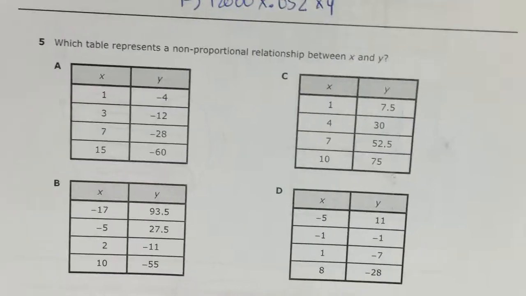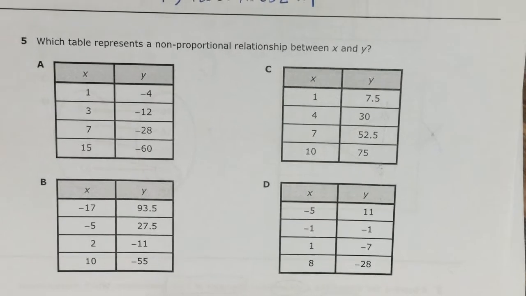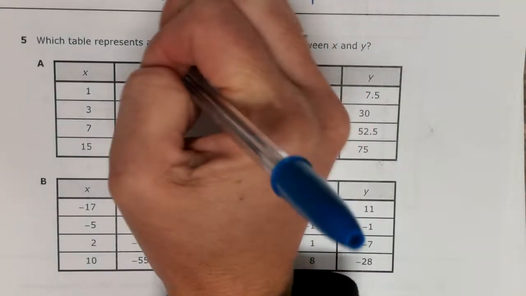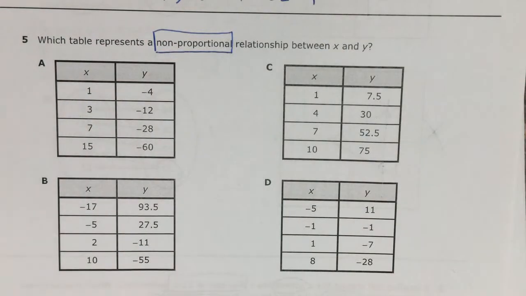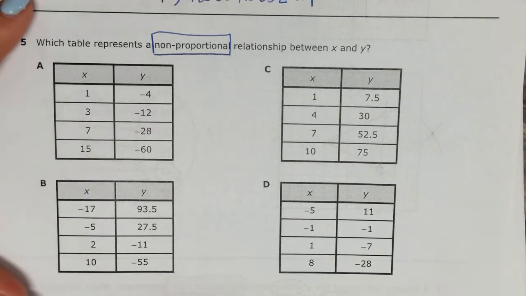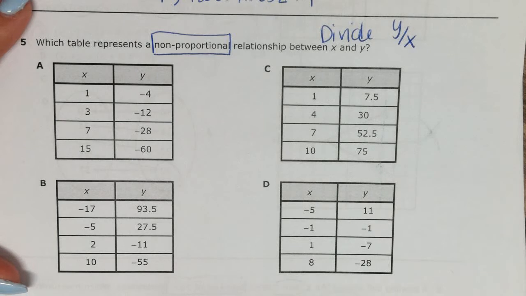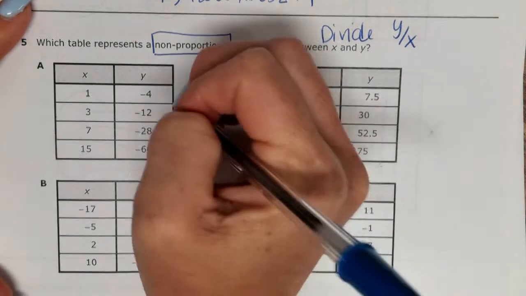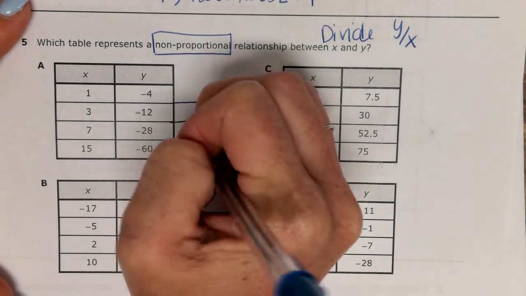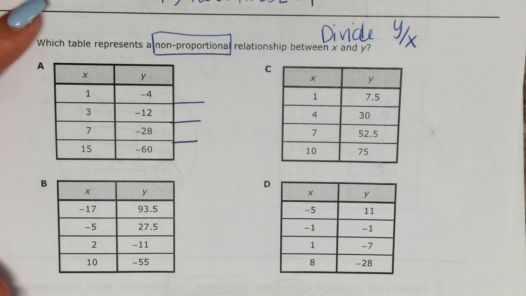Number 5, what was the clue word? Non-proportional. Remember, to find proportional, you divide Y divided by X. If it gives you the same number all the way down, it is proportional.